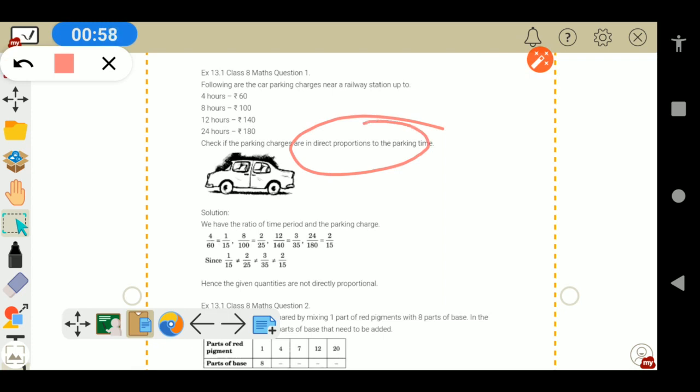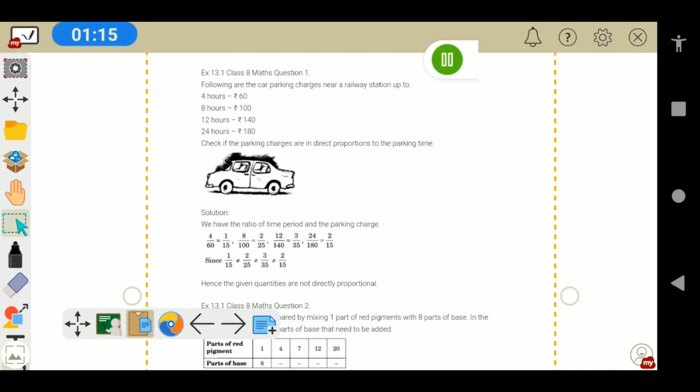So we need to check whether they are in direct proportion or not. If the ratio between the terms is the same, then we can say that they are in direct proportion. But if the ratio is not the same, then we will not call it direct proportion. So let's check the ratio between the terms. First is 4 and 60.